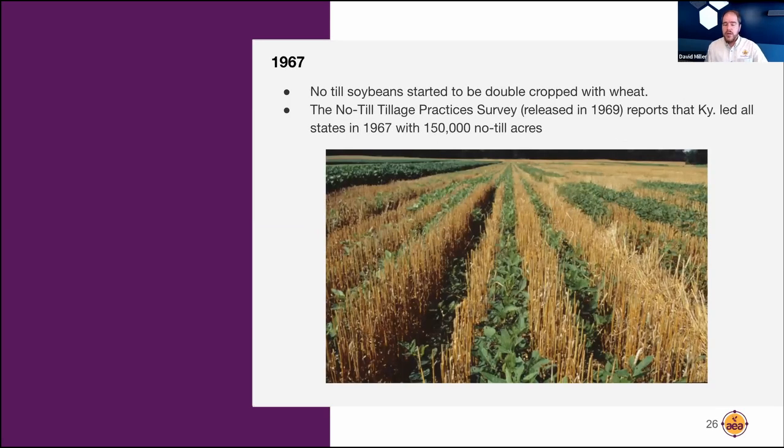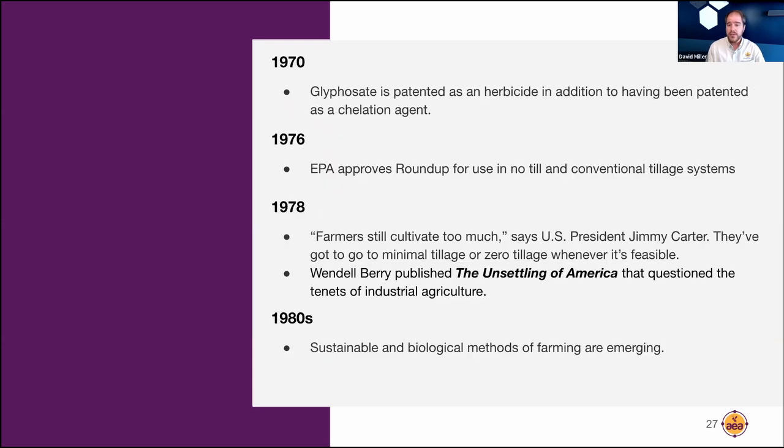By 67, no-till and conservation, there were a lot of good things also happening during this time. At this time, the no-tillage practice survey released that Kentucky led all the states with 150,000 acres in no-till, which is great.